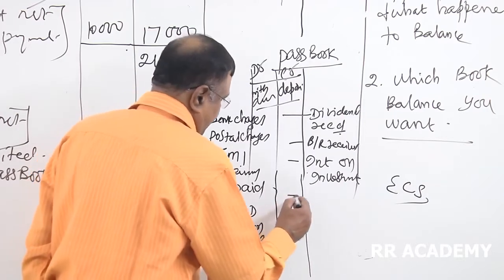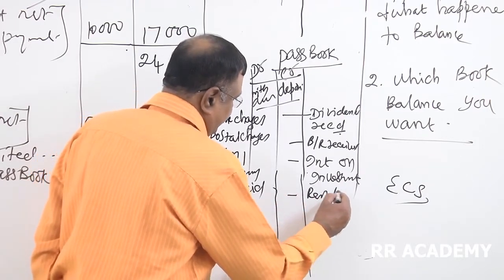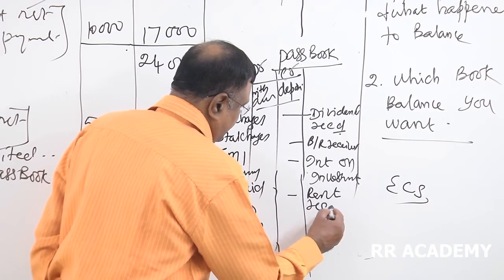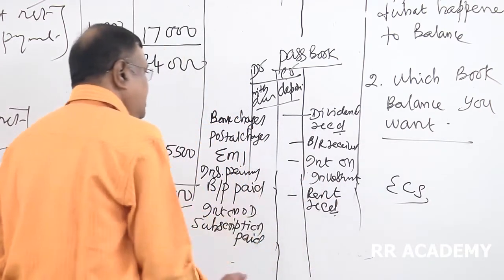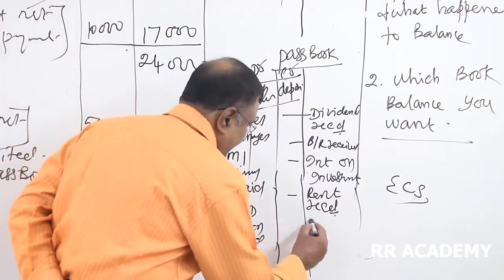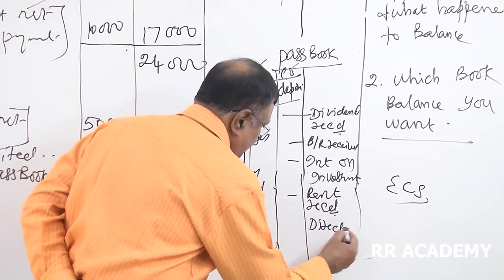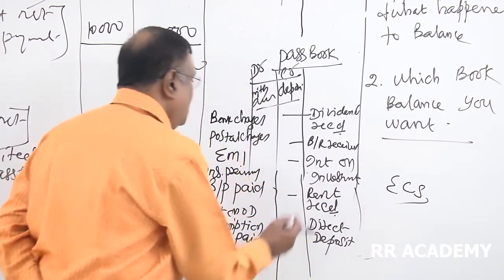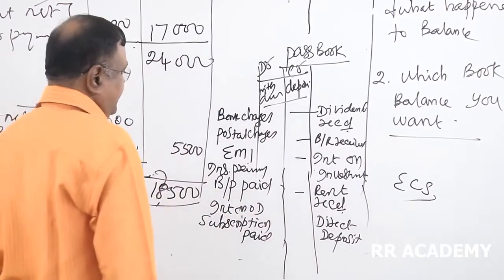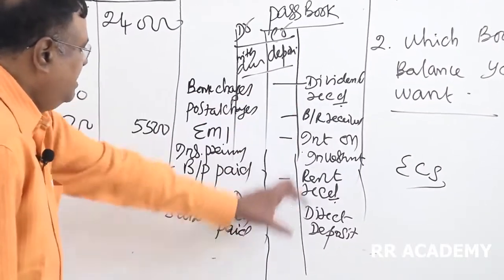Rent received. Our tenant will deposit the amount directly in the bank. These are all deposits, and direct deposits. Please try to remember.